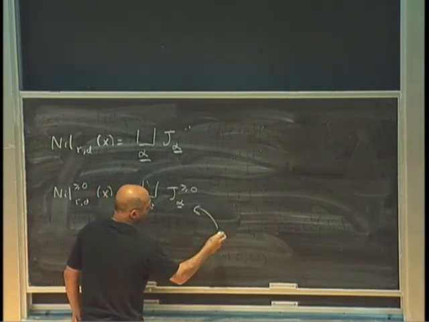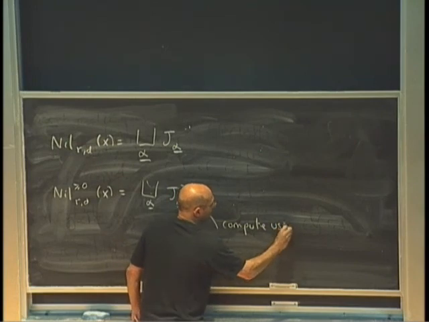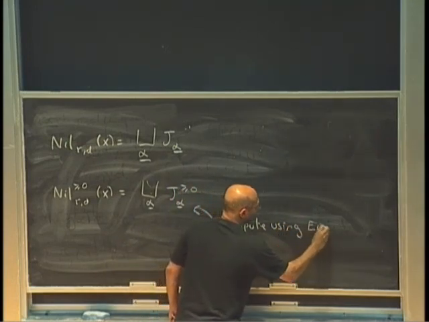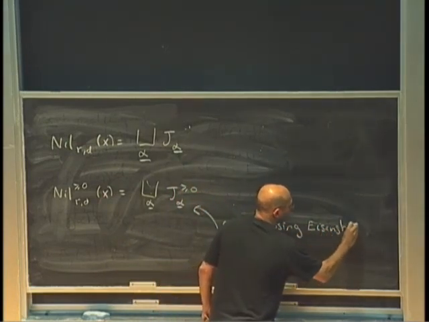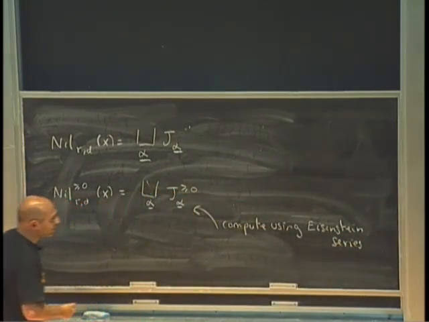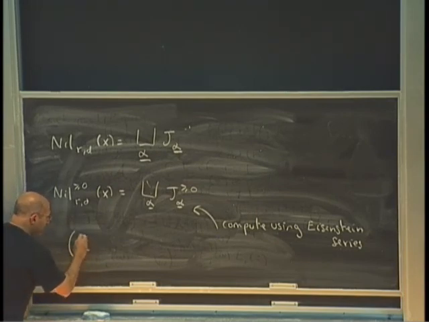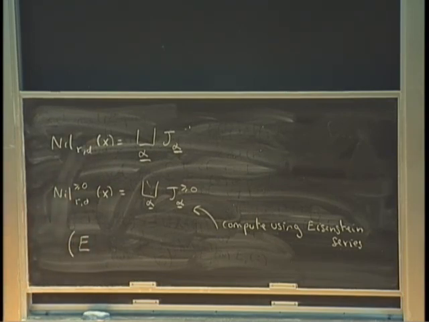And the point is that this is what you compute using Eisenstein series. Now you have to compute Eisenstein series of a slightly different form than in the proof of the Siegel formula.